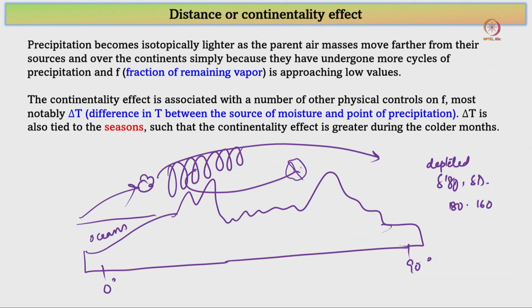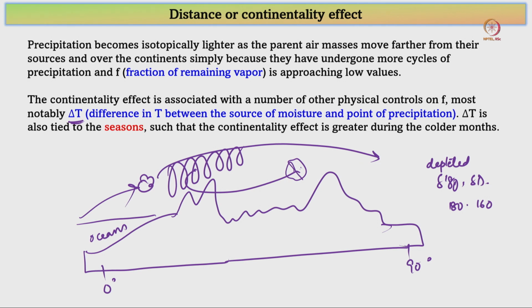The continentality effect is also associated with a number of other physical controls, and the most notable among them is the temperature, because the temperature is also changing from 0 to 90 degrees. Okay. So, this temperature difference is maximum when we consider the source of moisture, which is often near the equator or near the tropics, and the point of precipitation, which can be far inland, and therefore, there is a huge difference in temperature.